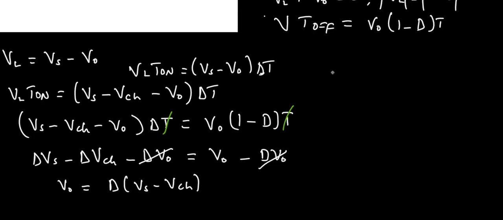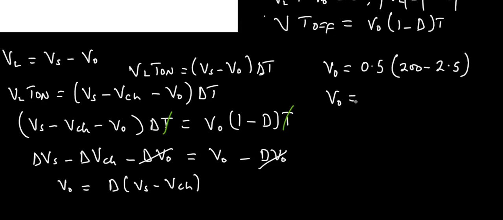and of course V naught will be equal to, our duty cycle is 50% from the question, so we have 0.5 times (Vs is 200 minus 2.5, that is the chopper's voltage drop).